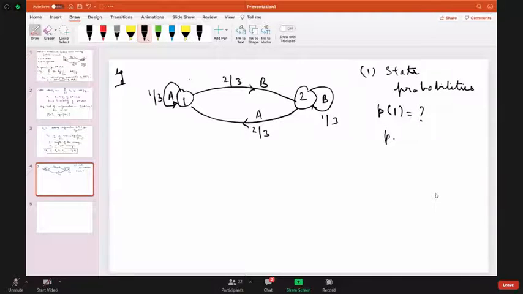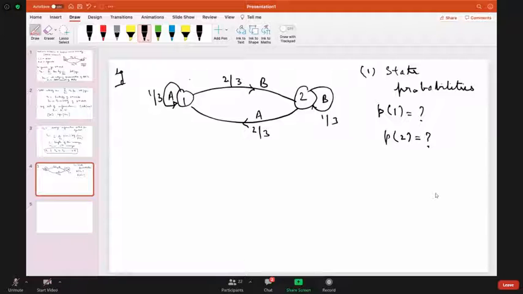What is the probability that state 2 will come if you're already in state 1? That is 2 by 3. What is the probability that state 1 will come if you are in state 2? That is 2 by 3. What is the probability that you will come back to the same state if you are at 1? That is 1 by 3. These are what you know as conditional probabilities, and they're called transition probabilities in a Markov model.